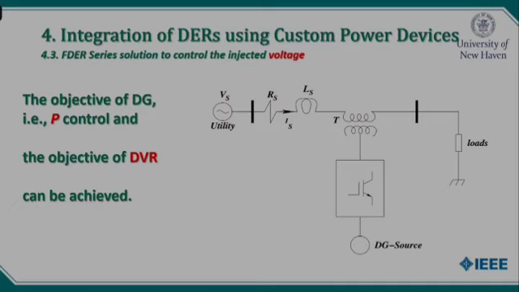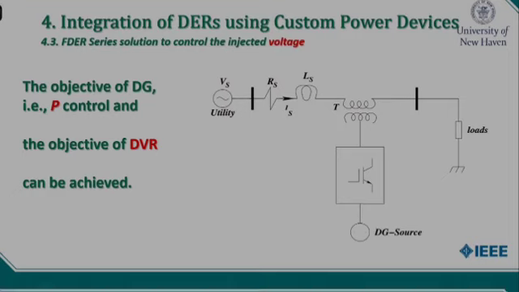In this case, the objective of DG, again, that is active power control, and the objective of the DVR as the second objective can be achieved. Next slide, please.